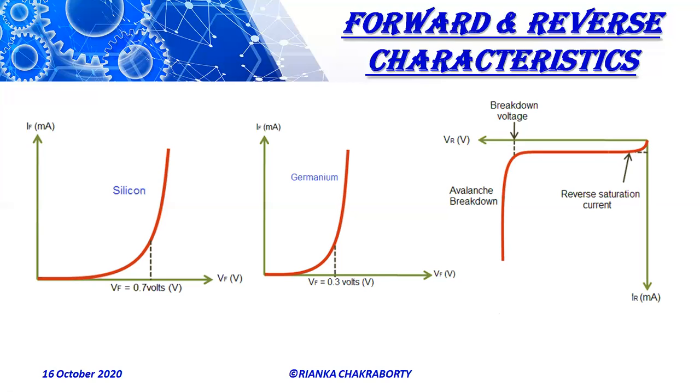However, it allows the minority charge carrier current. The free electrons, the minority carrier in the p-type semiconductor, and the holes, the minority carrier in the n-type semiconductor, carry the electric current. The electric current carried by the minority carriers in the PN junction diode is called reverse saturation current.